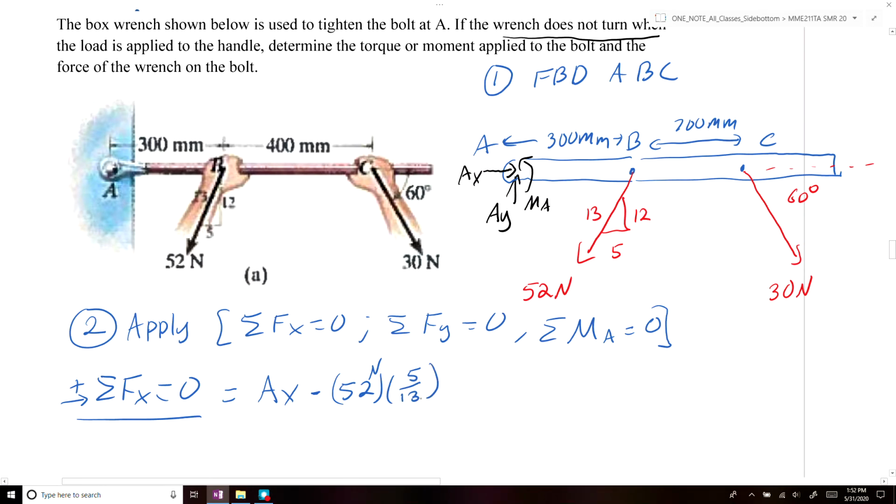Okay, and then we also have the force at point C, which is going to be going along the positive x-axis for its x component, and it's going to be equal to 30 newtons times the cosine of 60 degrees.